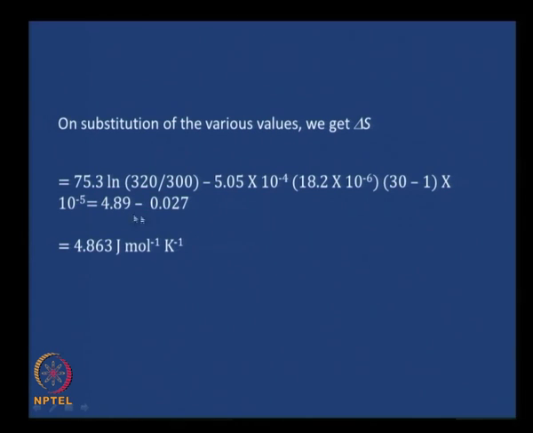And 4.89 minus 0.027. It is also nice to note the relative contribution of the values. Here you get 4.863 joule per mole per Kelvin for delta S.